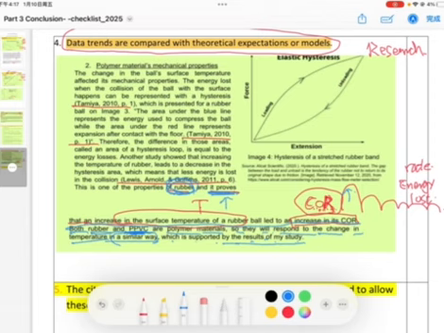So he is using PPVC, and he stated that these two materials are the same type of material, so they will respond to the temperature in a similar way. And that means this research has proved his conclusion as well. Okay, and that's how the trend is compared with the theoretical expectations and models.